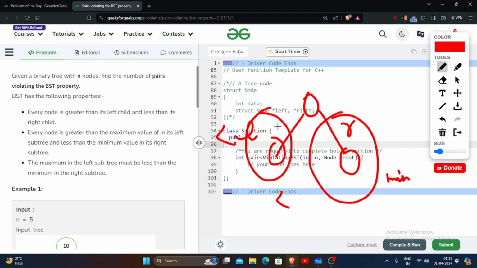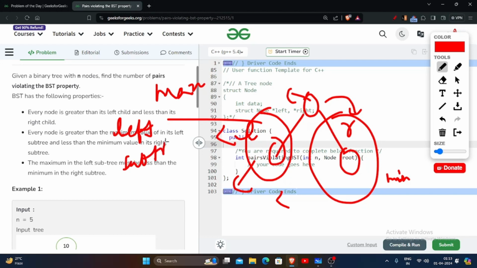Because we know now, in the left subtree, the entries are lesser than the root node. And the values in the right subtree are going to be greater than this root node.